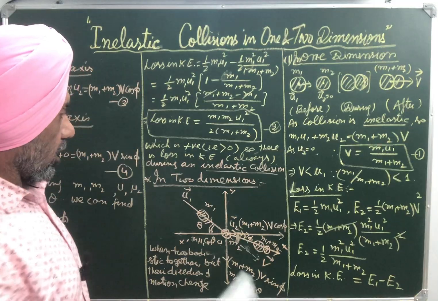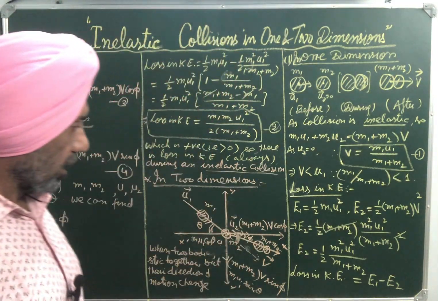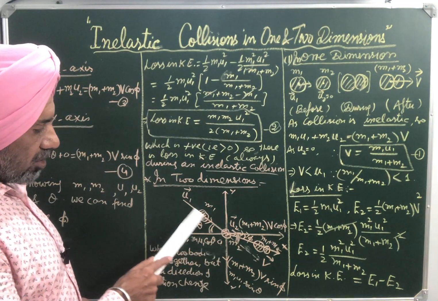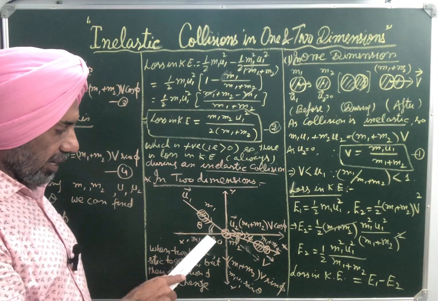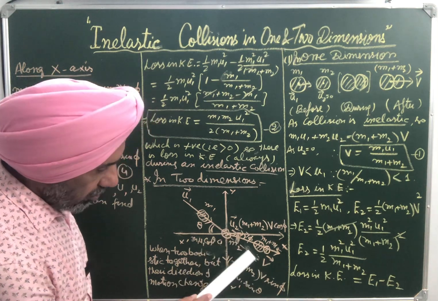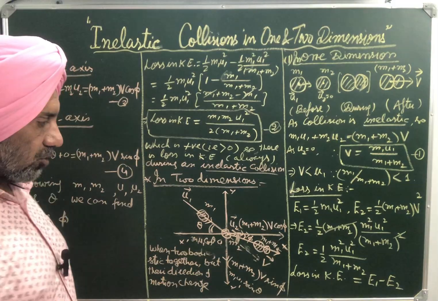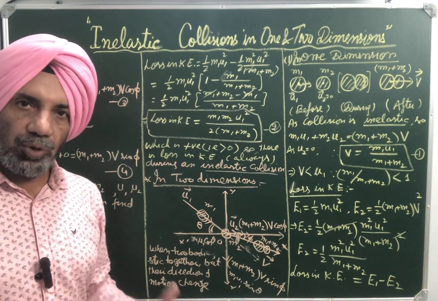Clear? Now, inelastic collision in two dimensions. Suppose a body of mass m1 moving with velocity u1 before collision, making angle theta with the x-axis. This angle is theta, the direction of motion of m1 and the x-axis before collision.